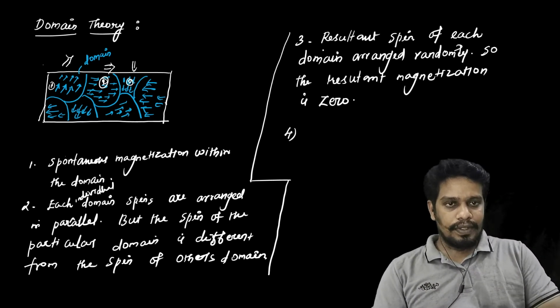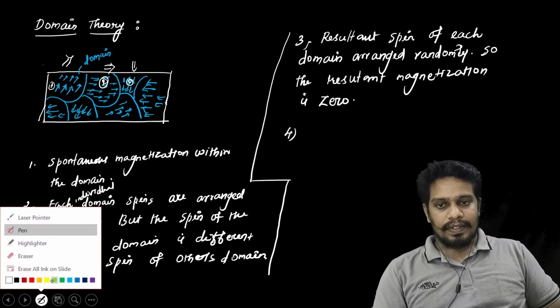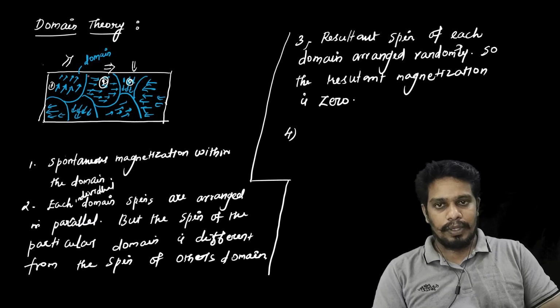The fourth point: the first domain is separated from the second domain by some boundary. This boundary is called the domain wall.